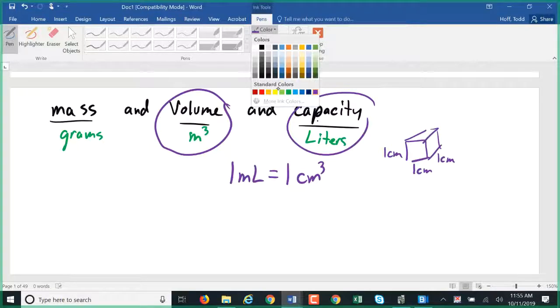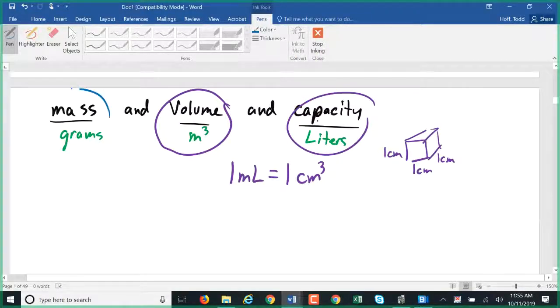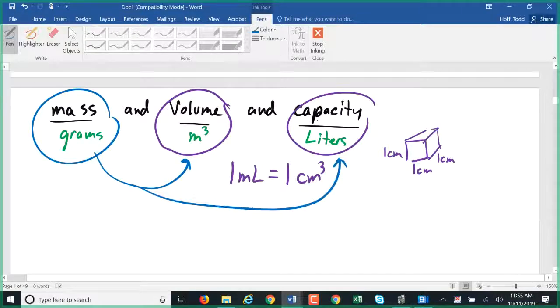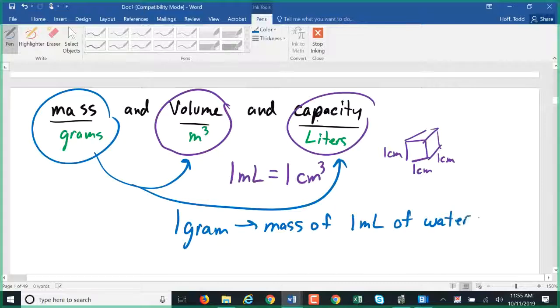To create a link then between mass and both of those, we define the gram to be the mass of 1 milliliter, or 1 cubic centimeter if you prefer to think of it that way, of water.